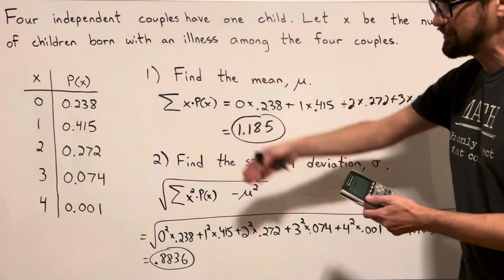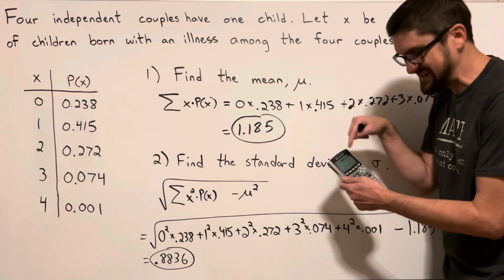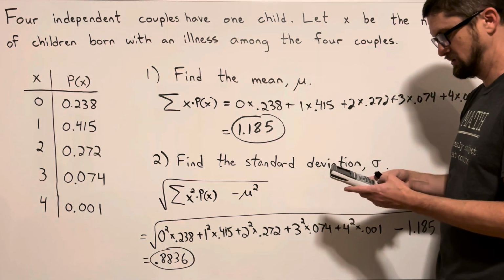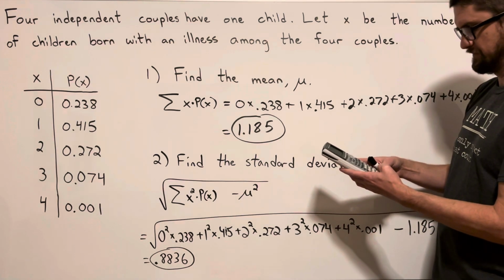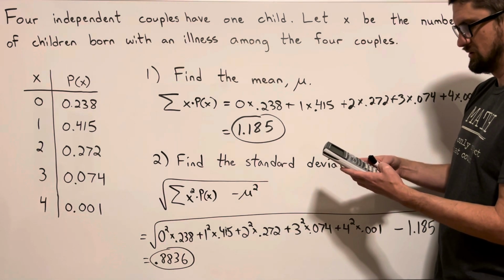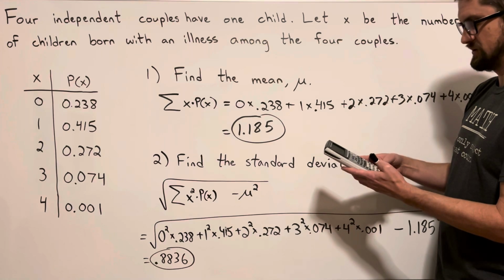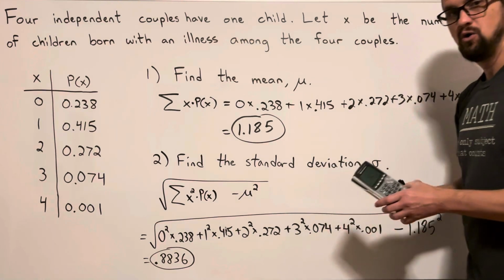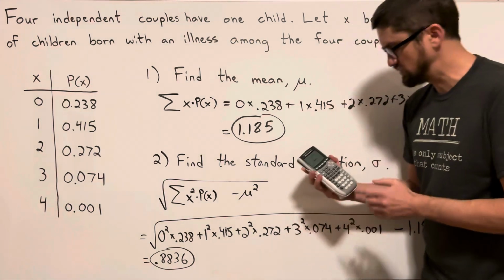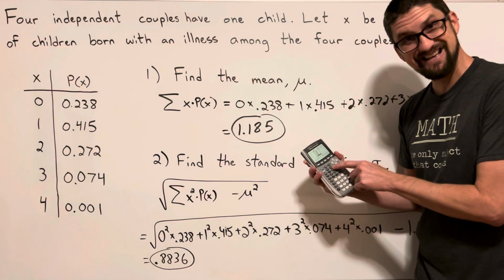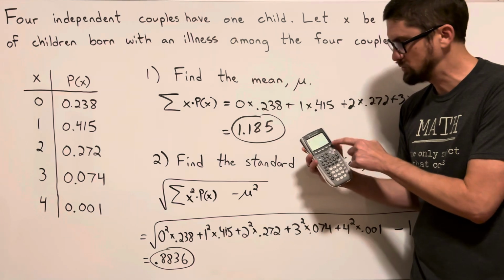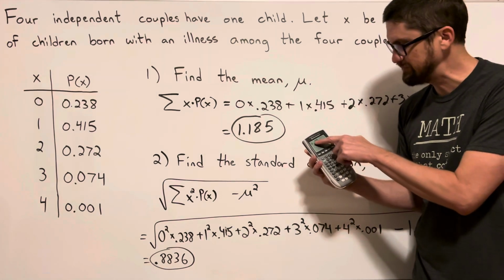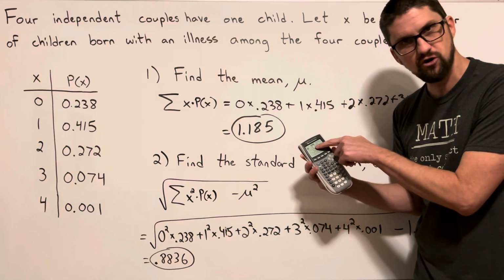And then put the probabilities in the second list, L2, 0.238, 0.415, 0.272, 0.074, and 0.001. Once the lists are in the calculator, what you want to do is hit the stat button again, but this time press the right arrow to go over to the calculations menu and push enter on one var stats.